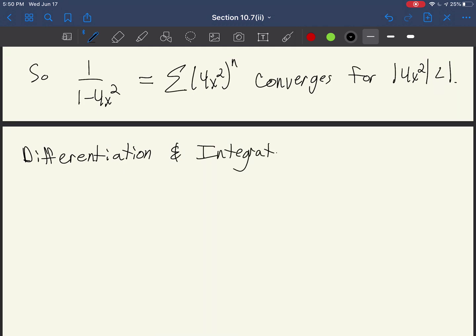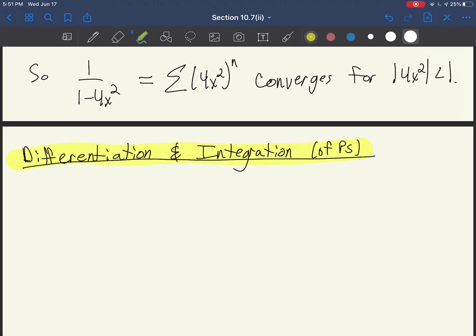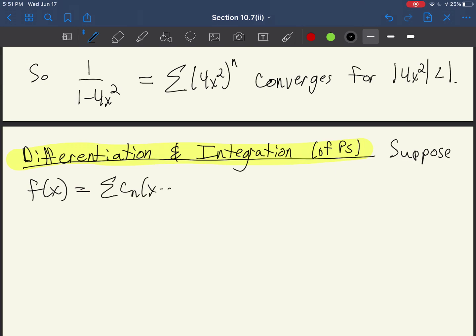What else can we do? We can also differentiate and integrate power series. So suppose that f of x is what the power series c_n (x minus a)^n converges to.